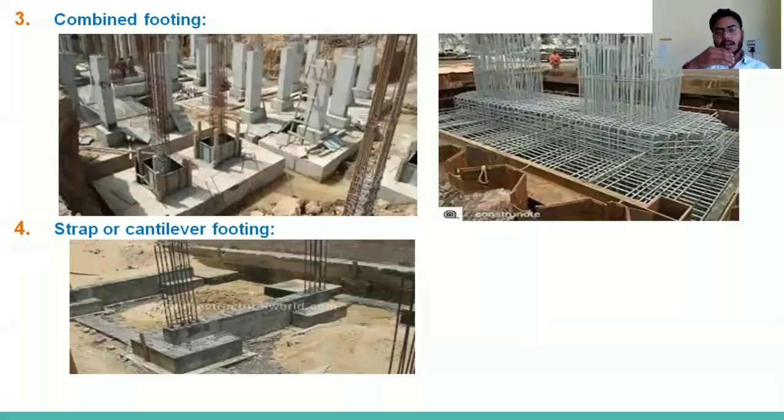So all lines of action pass through the resultant of the footing, or the center of gravity of the footing, right? It is one of our main principles to design the footing.